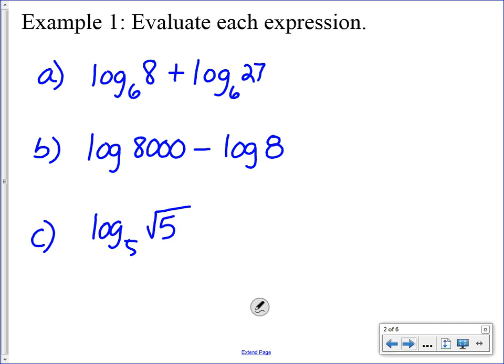Okay, so in our first example, we have log base 6 of 8 plus log base 6 of 27. So we can condense that into a single logarithm, and it would be log base 6 of 8 times 27, which equals 216.